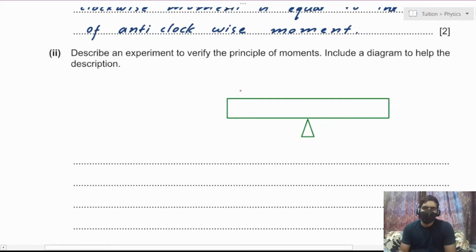Or simply, if you have a certain known mass, you can place it on one side of the meter rule. Then you take another mass which is different from this mass. Let's say it is slightly heavier. Place it on the other side of the meter rule.